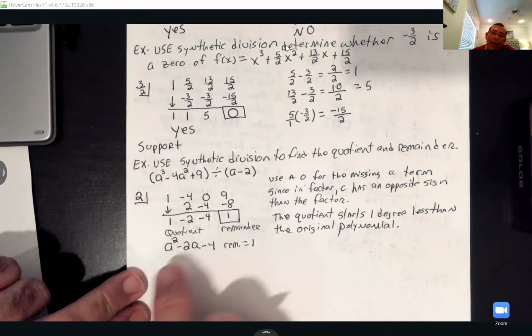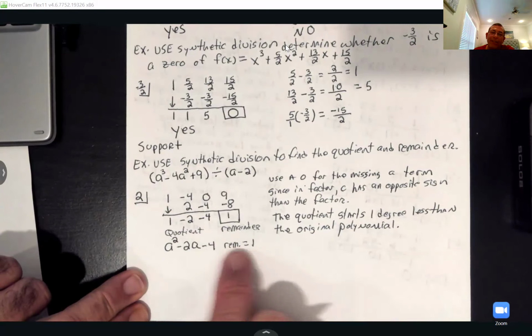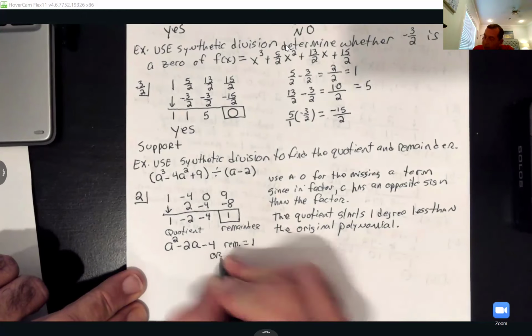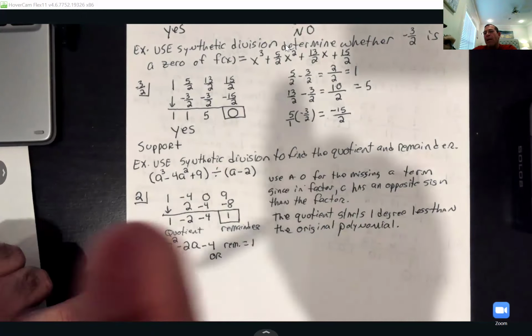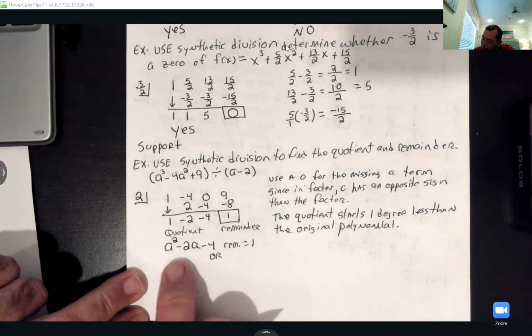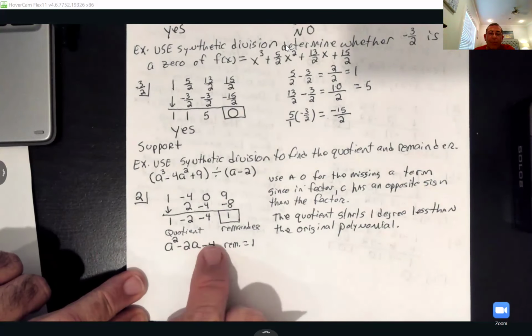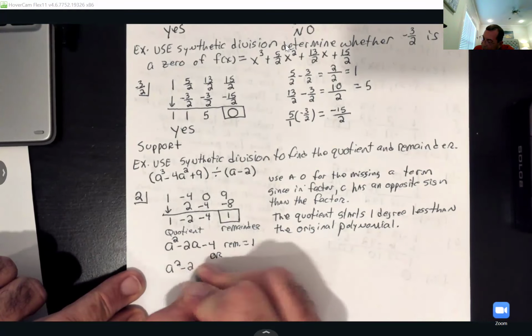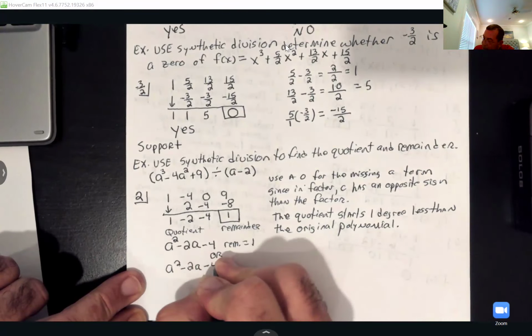Now I'm going to show you another way they write this, okay? Because this is one way they write the quotient and remainder. The other way, they write it like one big polynomial. Now, I'll show you what they do. The first part stays the same. A squared minus 2A minus 4.